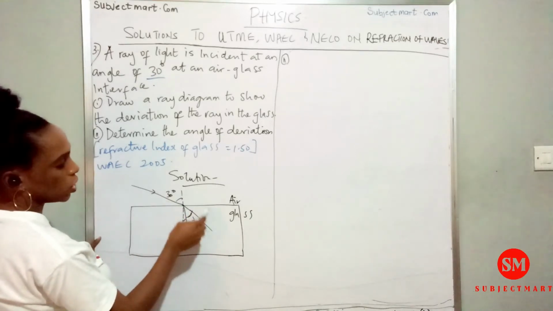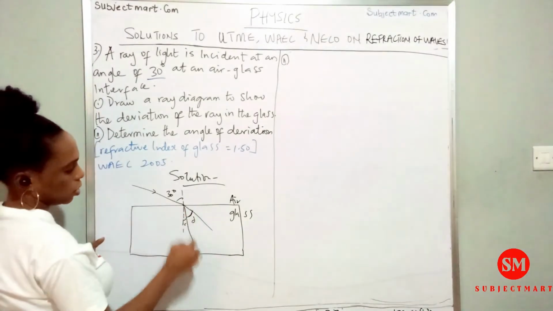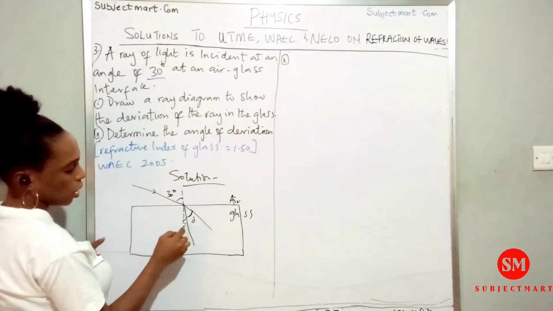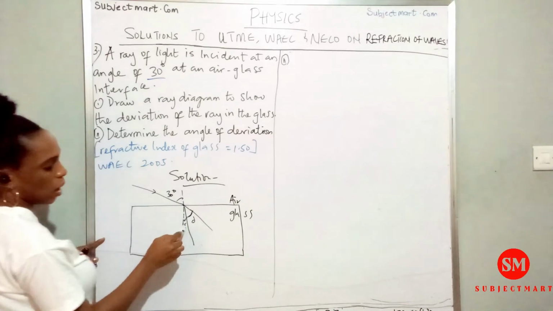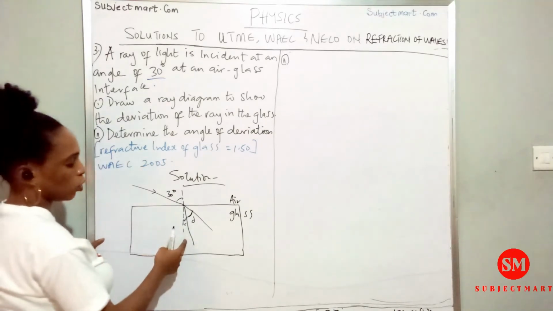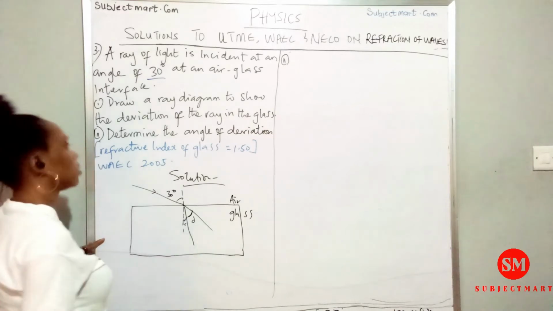As it passes through the glass, it is refracted this way. So between the refracted ray and the normal, we have our angle of refraction, and here we have our angle of deviation, as you can see.